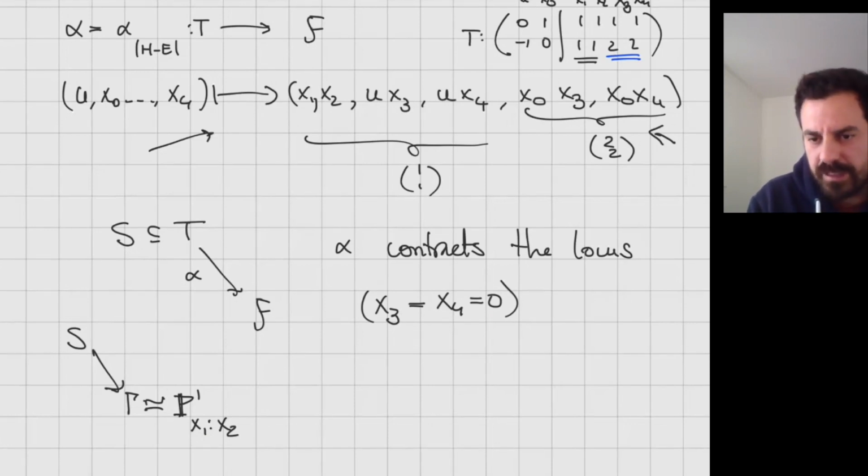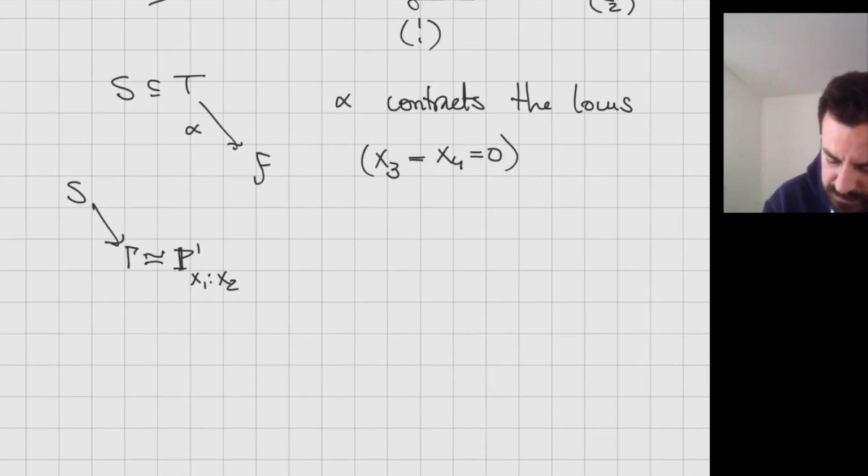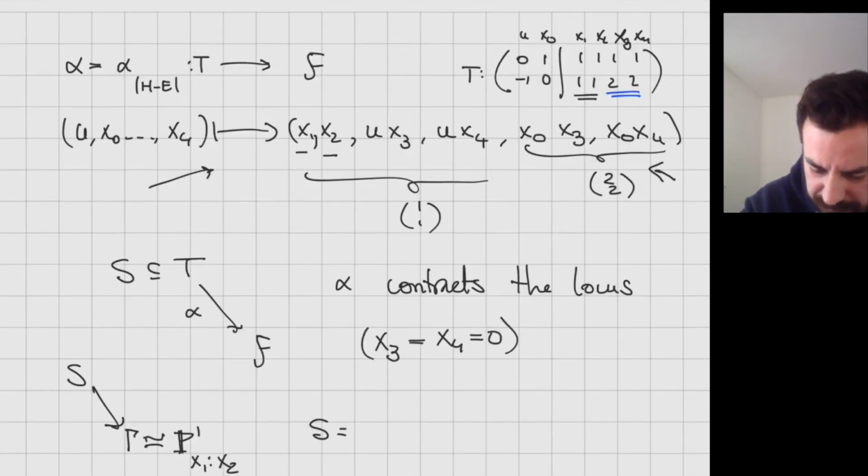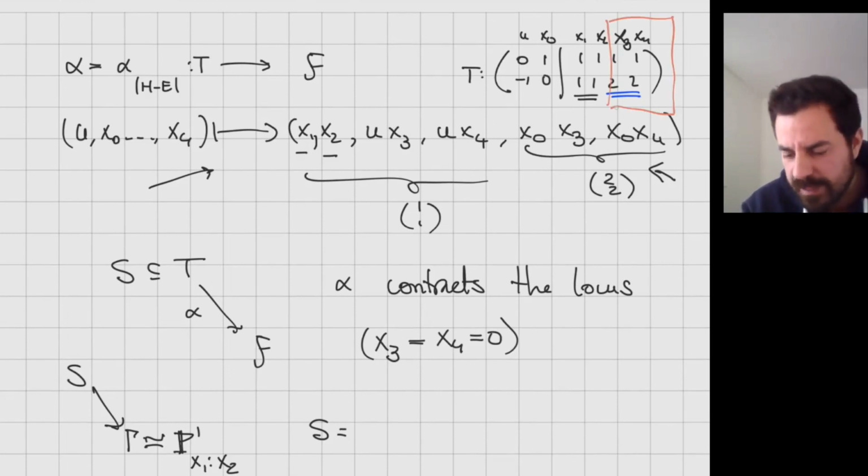Look at what happens when x3 equals x4 equals 0, and you see that everything goes to 0 except x1 and x2. So it contracts this surface to this line. So what is this surface?